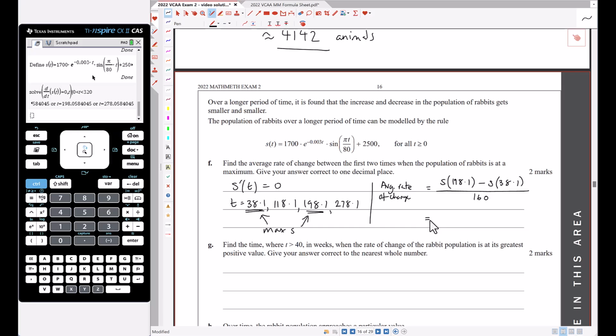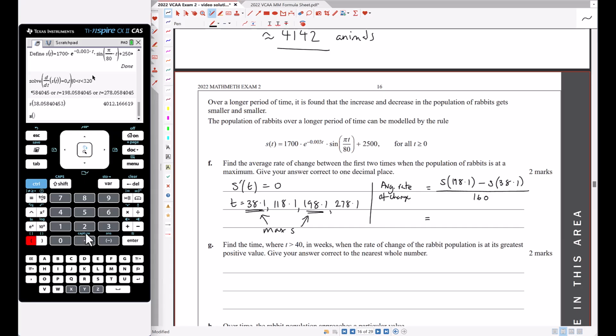Okay, so let's get these a bit more exact. So let's work out S of 38.05840453, and let me just scroll this one across so I can see it while I type here.